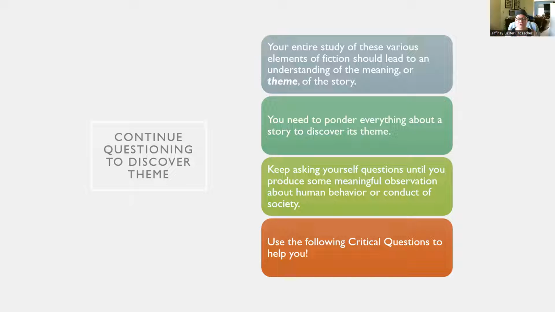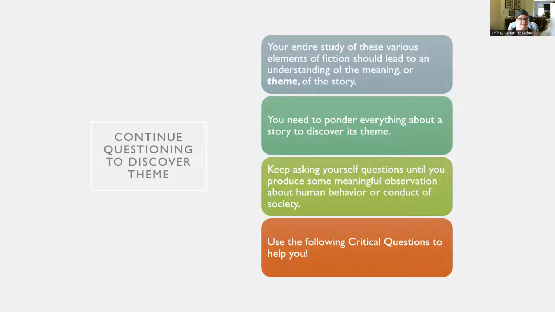We're going to look at theme. You want to make sure that you are thinking about the fact that yes, the author has probably written this piece as entertainment, but there is likely an underlying meaning to the story, what they want the reader to walk away with. I don't want to say a lesson, because it's not always a lesson. It's not like we're supposed to always learn a lesson from the story. That's not quite the right way to think about theme.